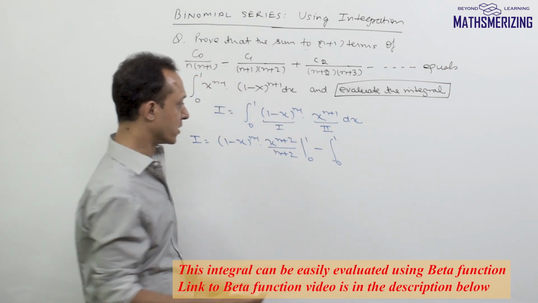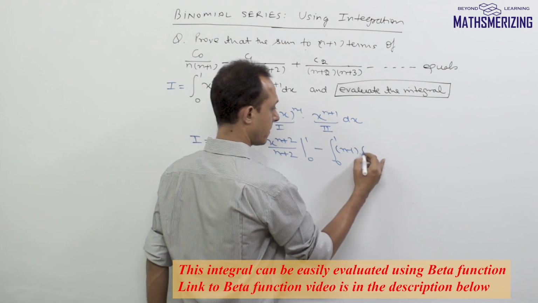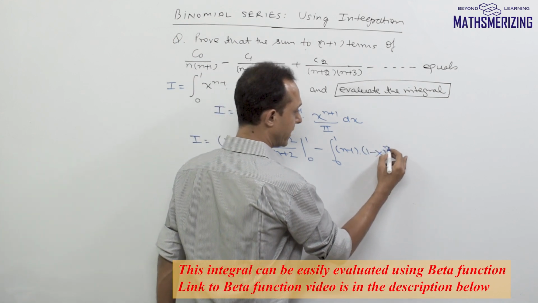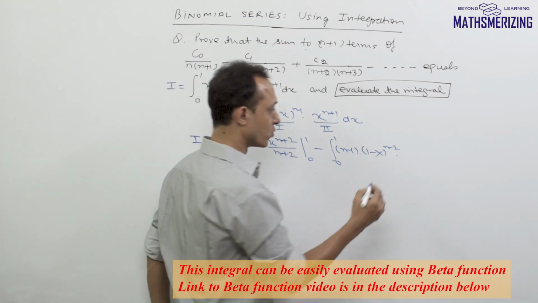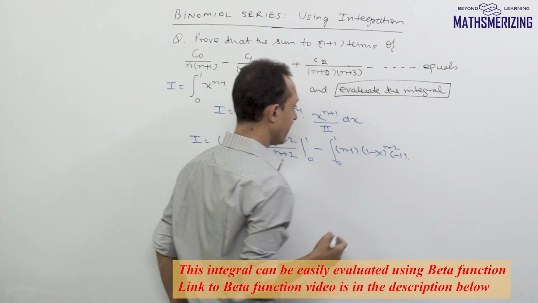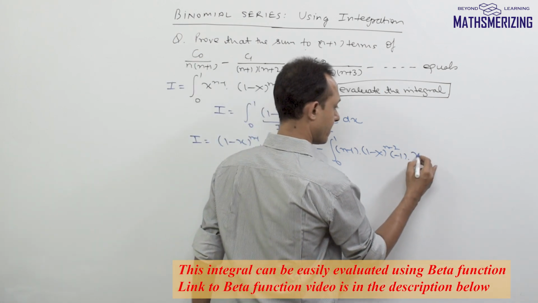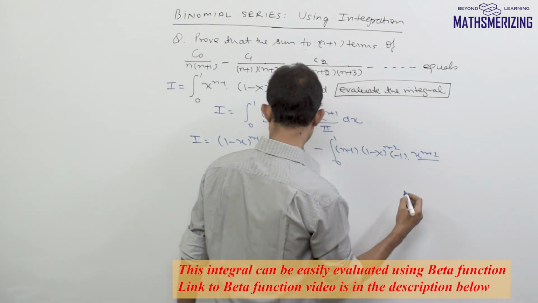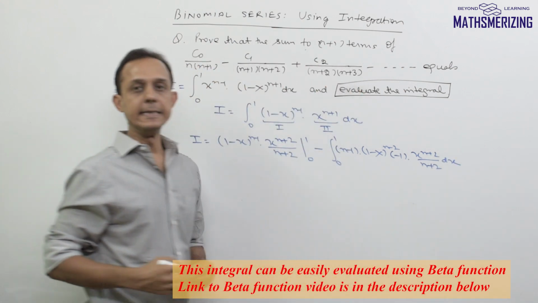Now I'll differentiate this one, so I'll get n minus 1 into 1 minus x to the power n minus 2. Now derivative of minus x will be minus 1, and then integral of this function, which is x to the power n plus 2 upon n plus 2 into dx.